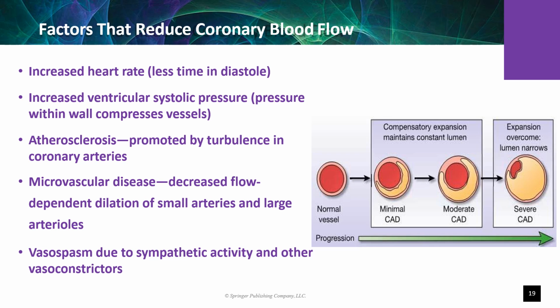The shortening of diastole is paralleled by a shortened period of coronary blood flow, reducing blood and oxygen supply just as tissue oxygen demands are increasing because of the faster heart rates.